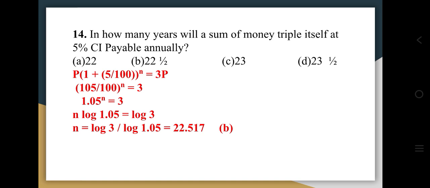In how many years will a sum of money triple itself at 5% compound interest payable annually? The choices given are 22 years, 22 and a half, 23 and 23 and a half years. So we cannot calculate directly how much the amount becomes in 22 years.